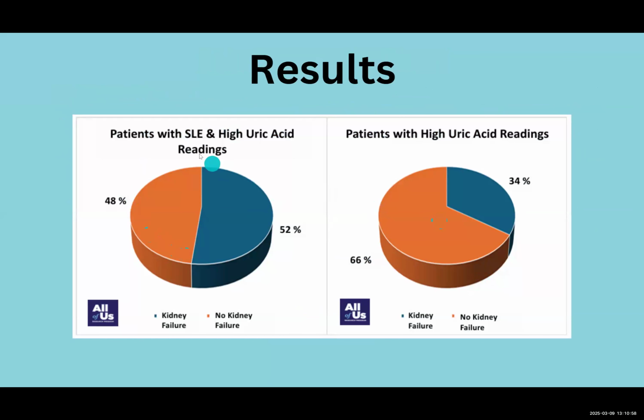As we can see, when you add SLE in as a comorbidity, it actually increases the number of patients that have kidney failure versus no kidney failure. And if you look at patients with simply kidney failure alone, they are significantly lower in the spectrum of having at least one kidney failure diagnosis.